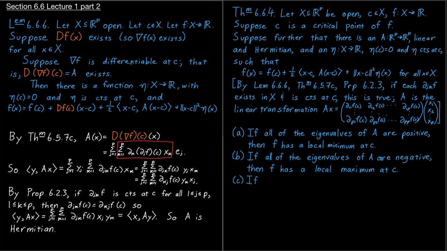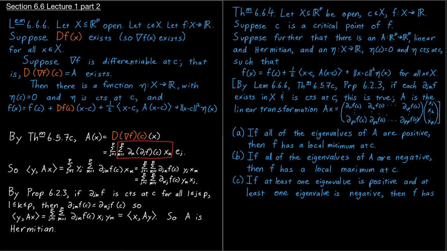But in this case, there's a third possibility where we know something. If at least one eigenvalue is positive, and at least one eigenvalue is negative, then f has a saddle point.